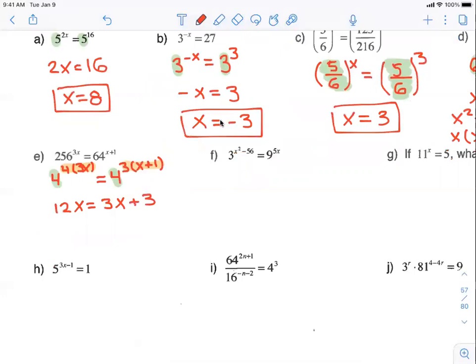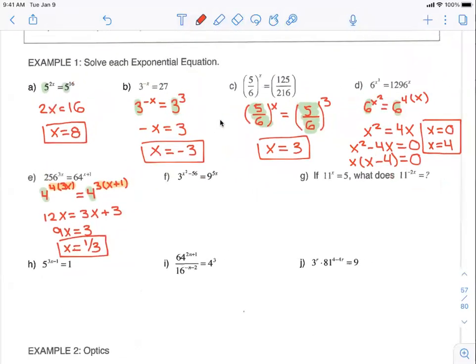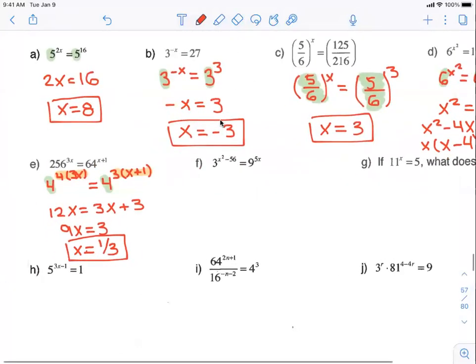So I'm going to subtract 3x from both sides. So I get 9x equals 3. And I'm going to divide by 9. So 3 over 9 is 1/3. Make sure you divide the correct way. That should be 1/3.